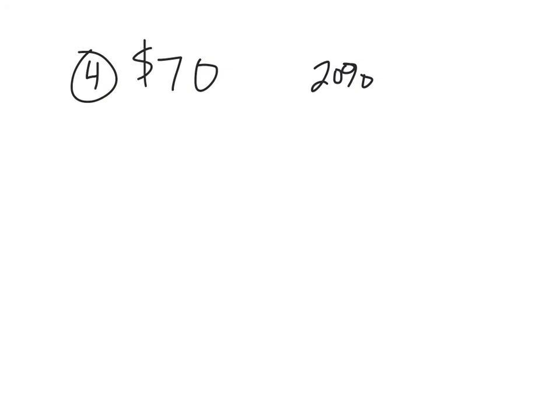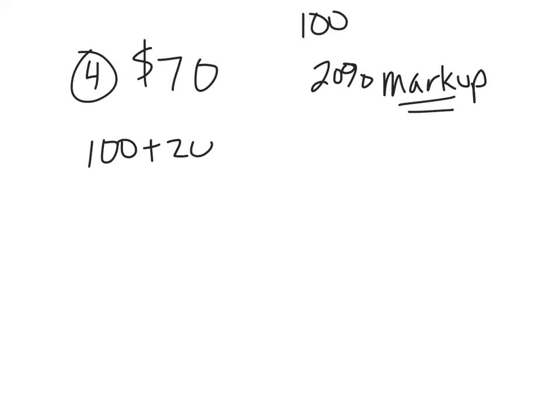Originally what we did is we did 70 times 20% and then added that to 70. The other way you could do this when it's a markup, remember how we were subtracting for the discounts? We did 100 minus 20%. Well, when it's a markup, you can actually do 100% plus 20%. So this is going to give you 120%. This is the markup of your original price.